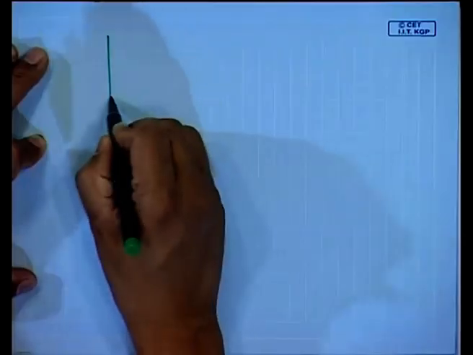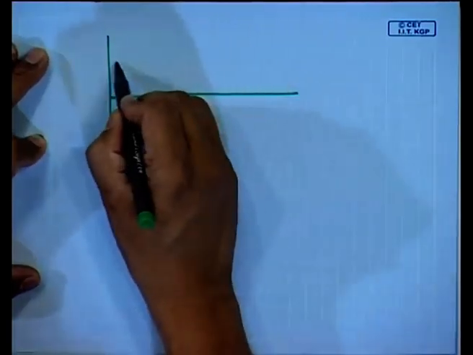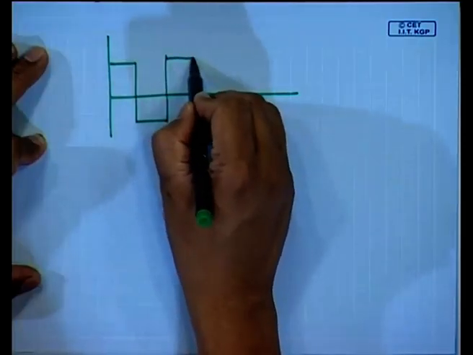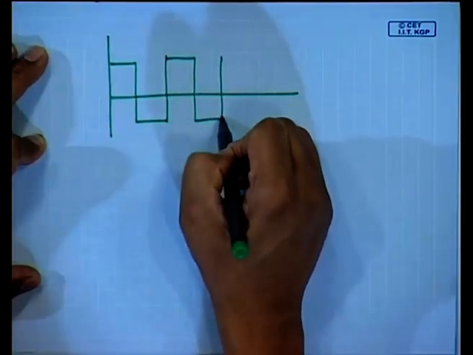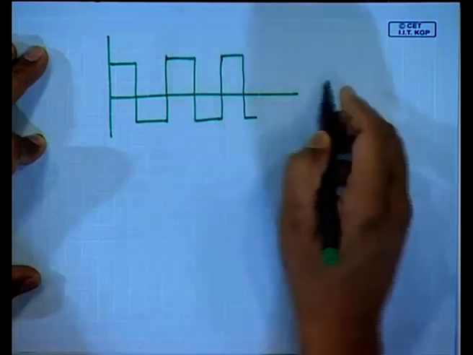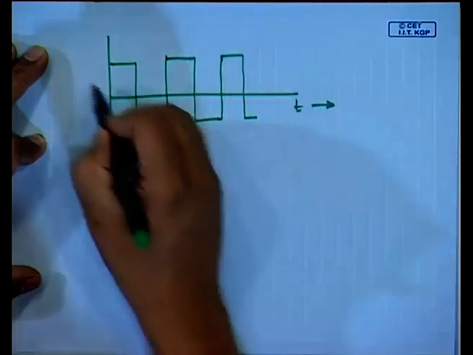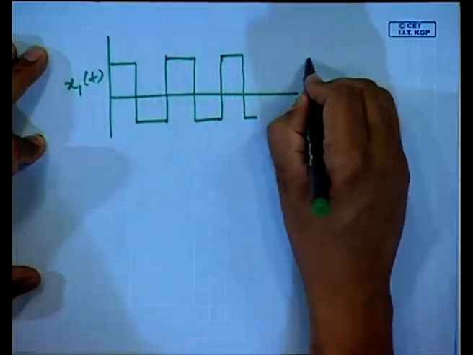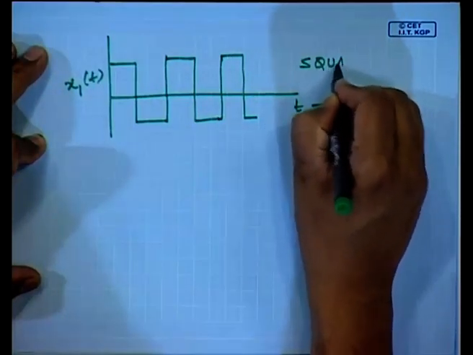But there are signals which could look like this, x1(t). This is what is known as a square wave.